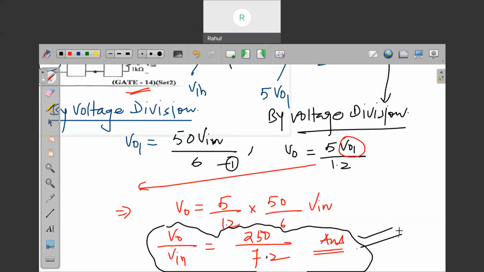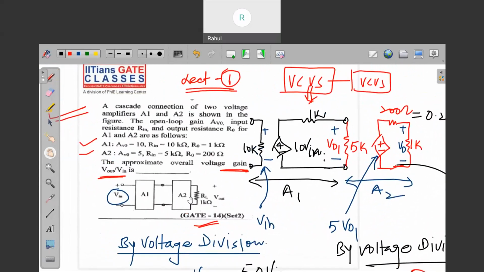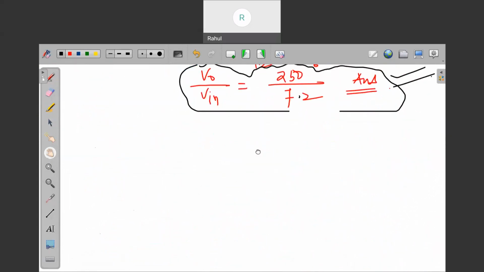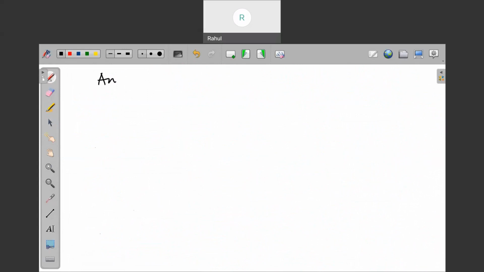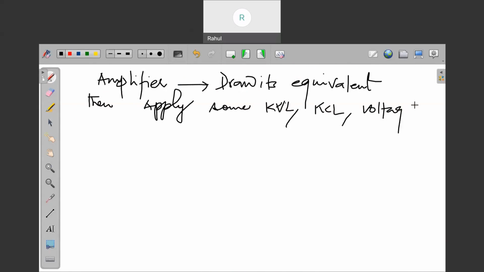I hope this is clear for everyone, because if you know the equivalent of these amplifiers, A1 and A2, you can draw the equivalent, then apply KVL, KCL, the voltage division rule, and get the answer.